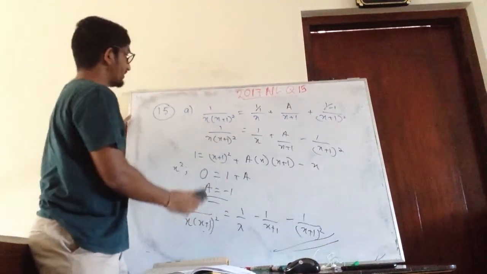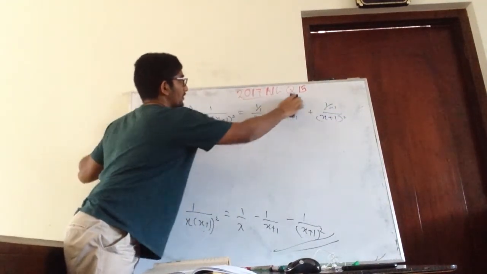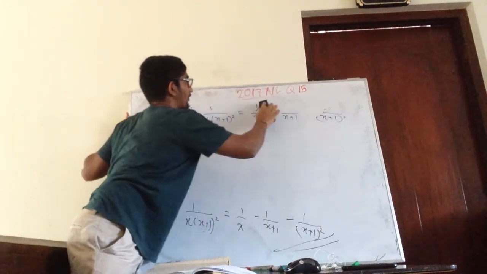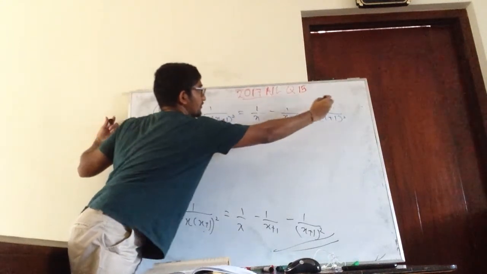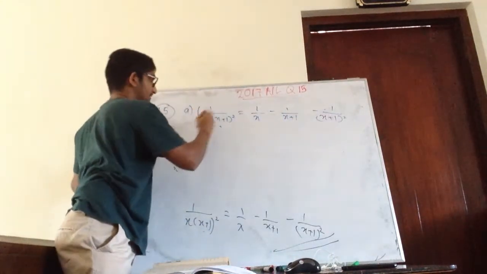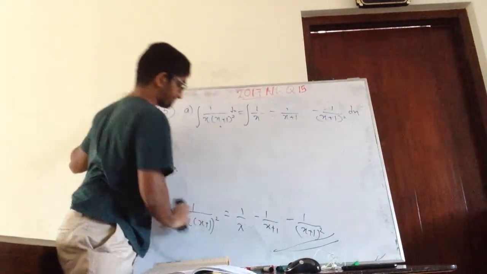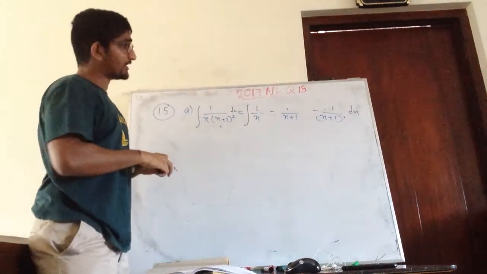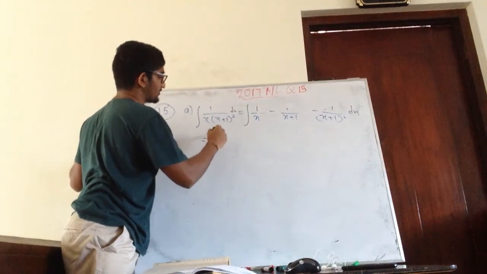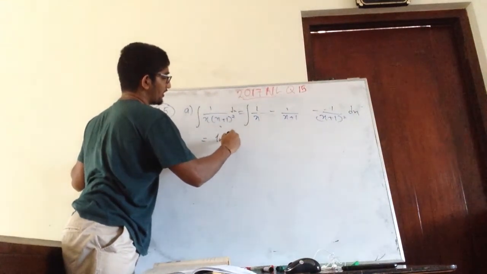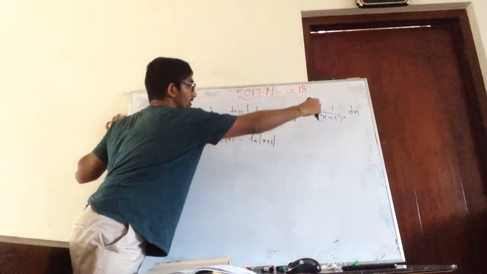Okay, so let's find that. So now they are asking the integration of this, right? Considering the integration, we can get the answer straight away for all of these. Here you get ln x. Here you get ln of x plus 1. So here you get what?